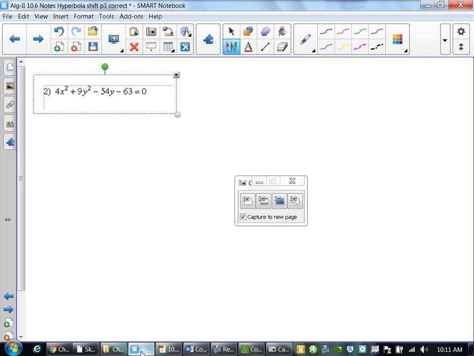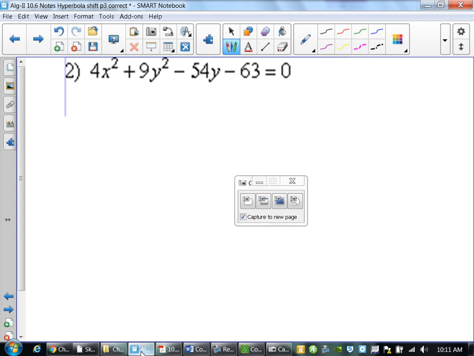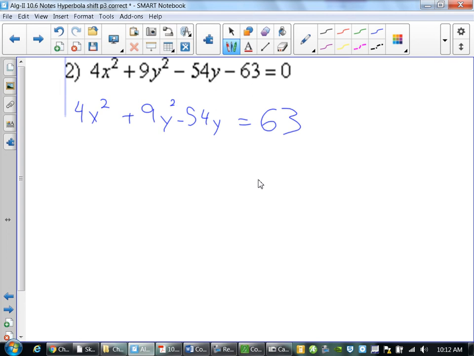This one here, you've got x squared, y squared, so you're just going to have an h value of 0. I'm just going to write it as x minus 0 quantity squared. That way I know that I have an h value of 0 and go out of that.